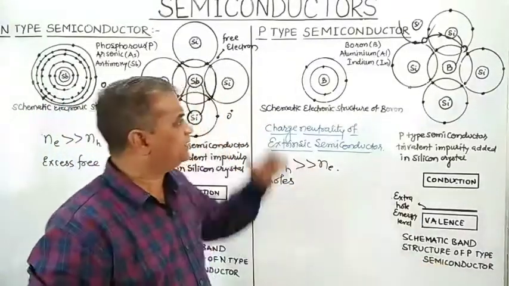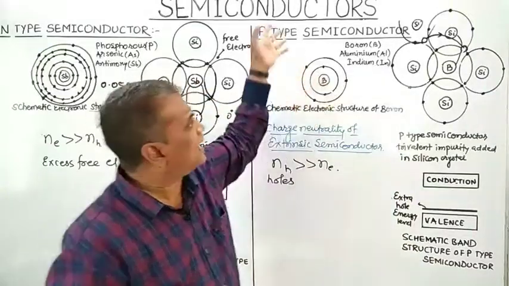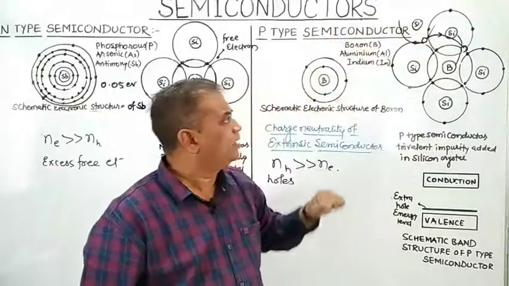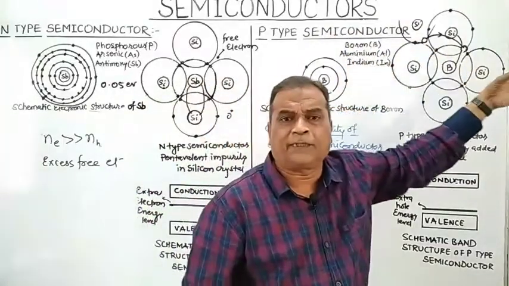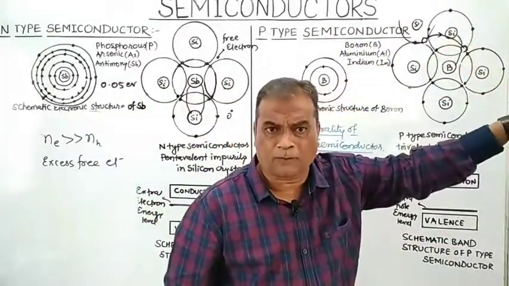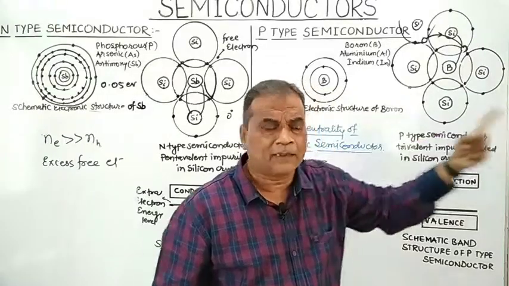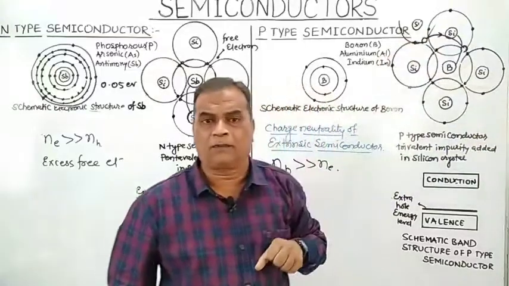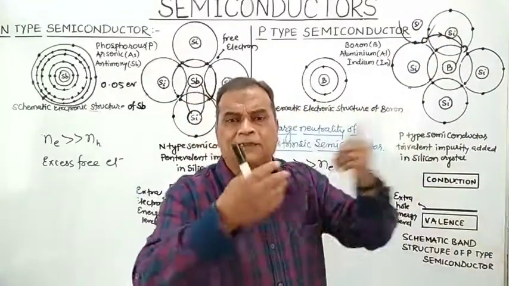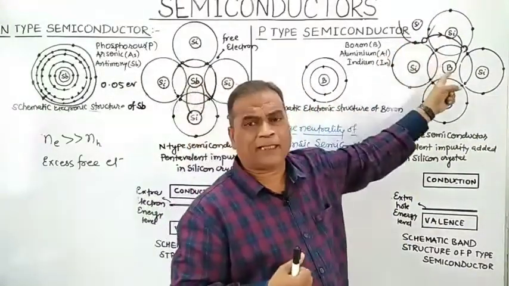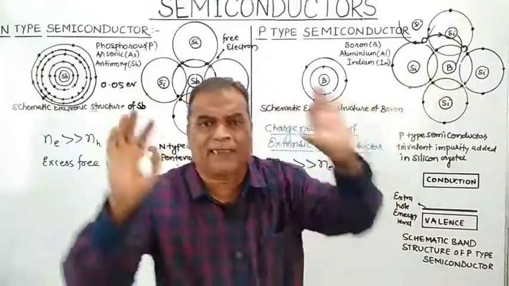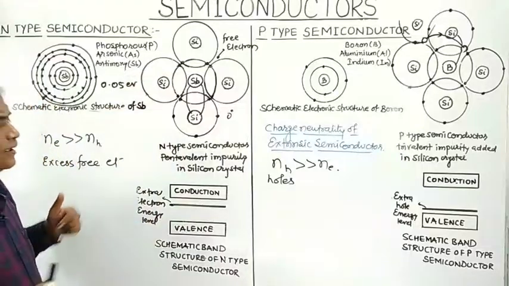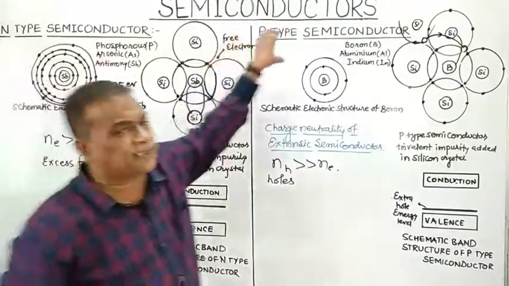And who is creating these holes? The trivalent impurity atom, which is an acceptor impurity atom. The acceptor impurity atom creates a hole. Means each acceptor atom, by losing a hole, gets what? Negatively charged.